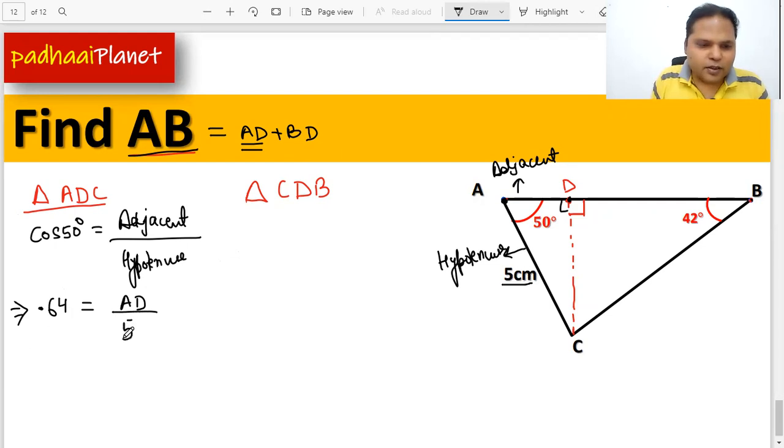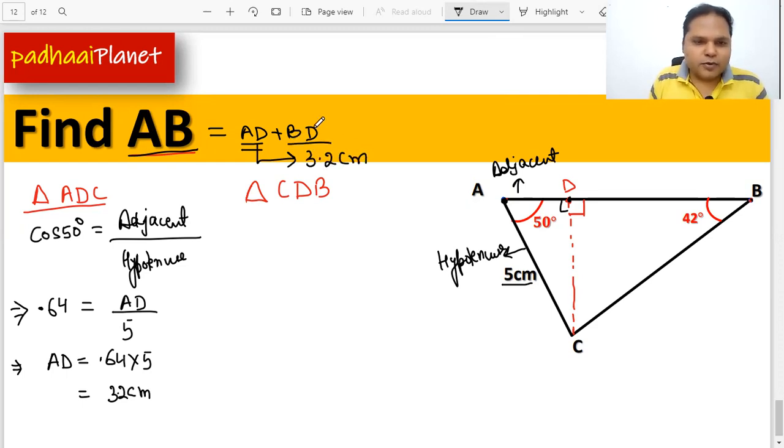So we will simply put 5. Now, AD is equal to 0.64 times 5, which makes it 3.2 centimeters, right?